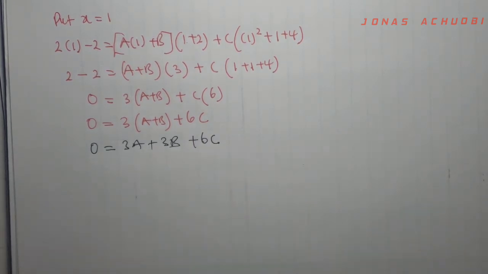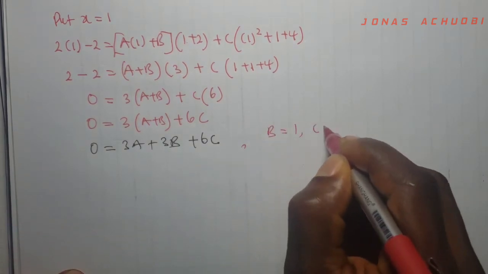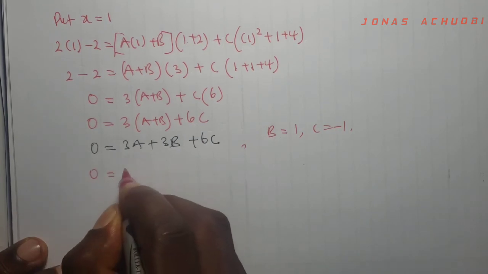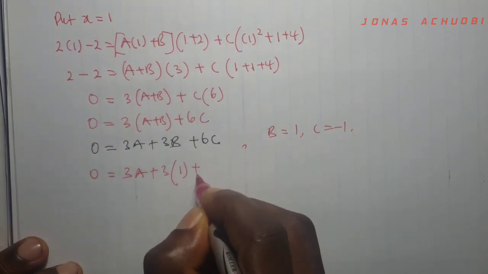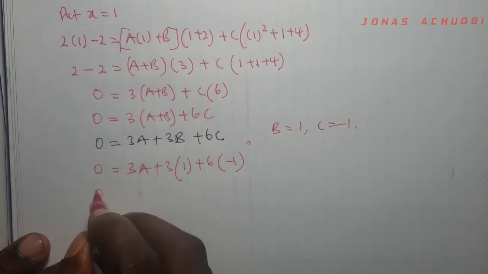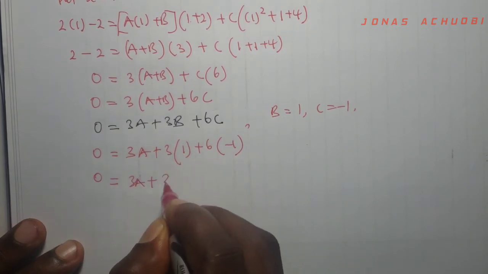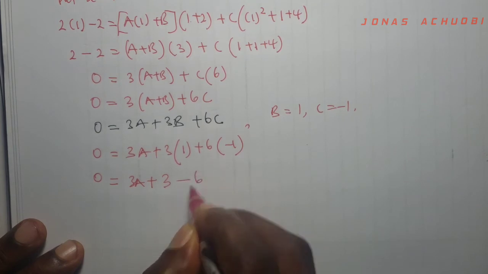However, we have found already that our b is what? 1 and our c is minus 1. So we come back here, we have 0 equal 3a plus 3 times b, our b is what? 1, plus 6 times c, our c is what? Minus 1. So this gives us 0 equal 3a plus 3 times 1 is 3, 6 times minus 1 is minus what? 6.